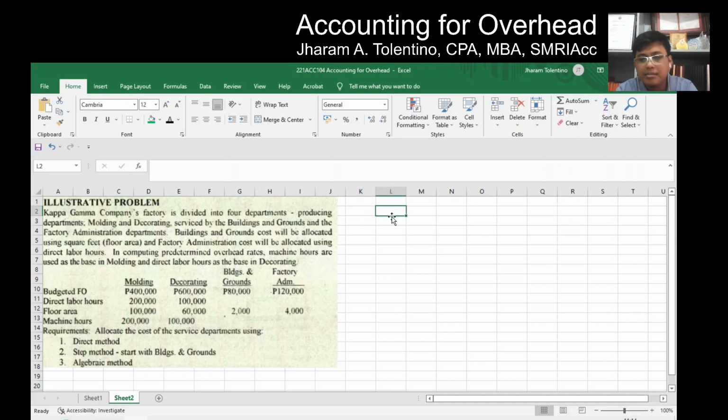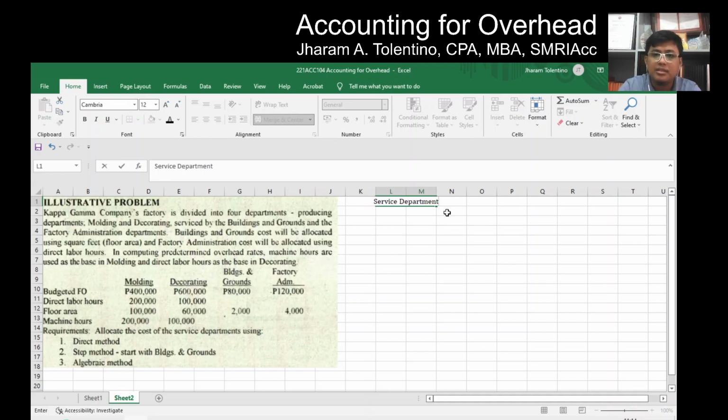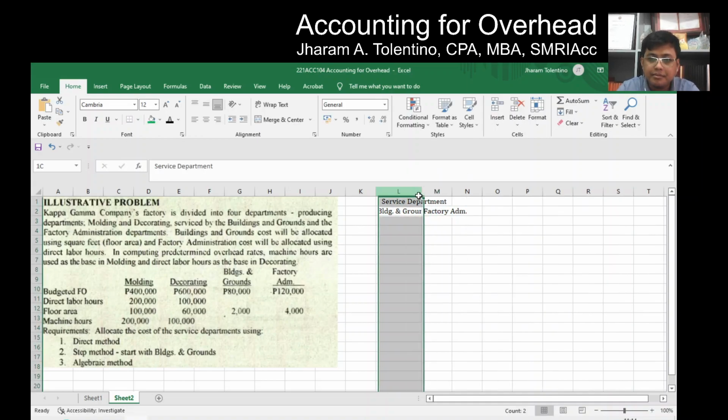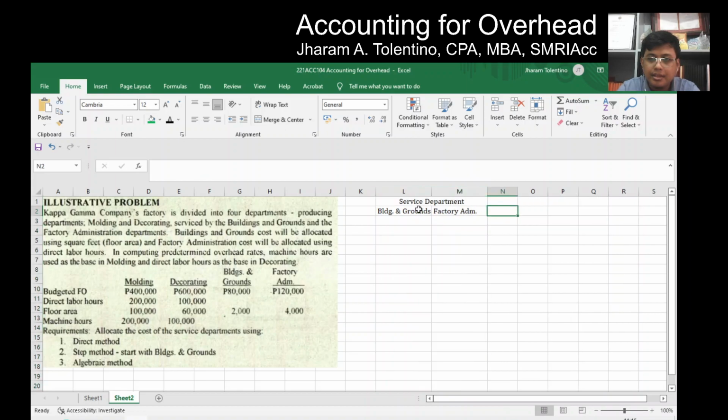Okay. So sa akin, para mas madali, I usually prepare like this. Lagi ko dito, service department. Para mas madali. I don't know. Depende na lang sa inyo. So yung service department natin, dalawa. We have building and the grounds. And then dito sa kabila, we have factory administration building. So check that.